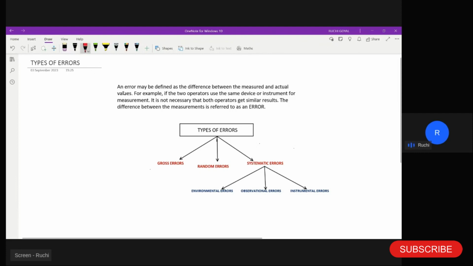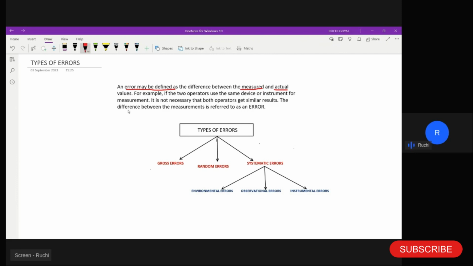The error may be defined as the difference between the measured and the actual values. As I have already told you, the error is the difference between measured and actual values. For example, if two operators use the same device or instrument for the measurement, it is not necessary that both operators will get similar results.